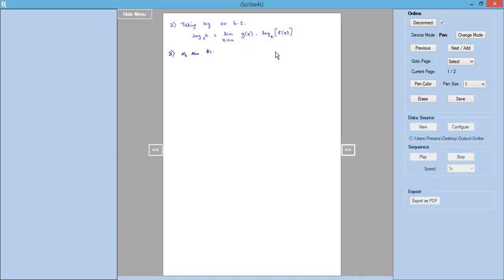If the right hand limit is say L, then we obtain log k to the base e is equal to L. And by applying anti-log on both sides, k will be equal to e power L, which is the required limit.